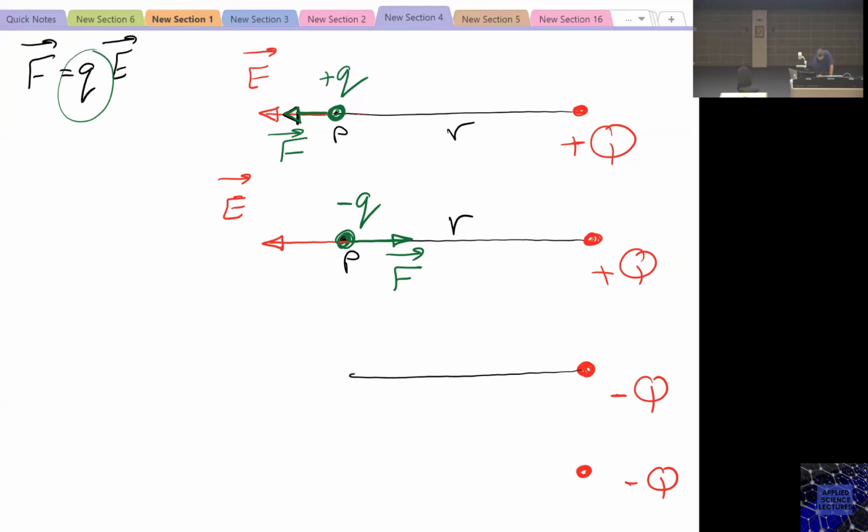This is R. This is R. The same point, P, P. Now that's a negative Q, then the electric field will be pointing toward this minus Q. Then I have the electric field pointing this way for both.